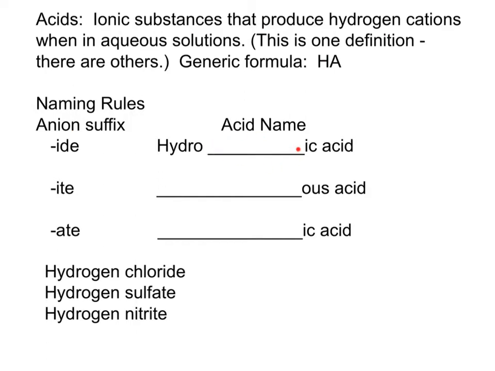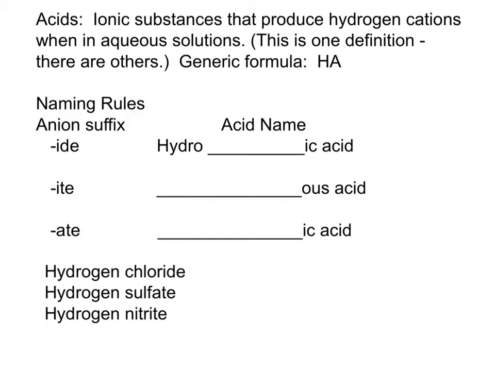The something is going to be the stem from the anion's name. Okay, so let's go through the three and then I'll illustrate it a little more with some examples.